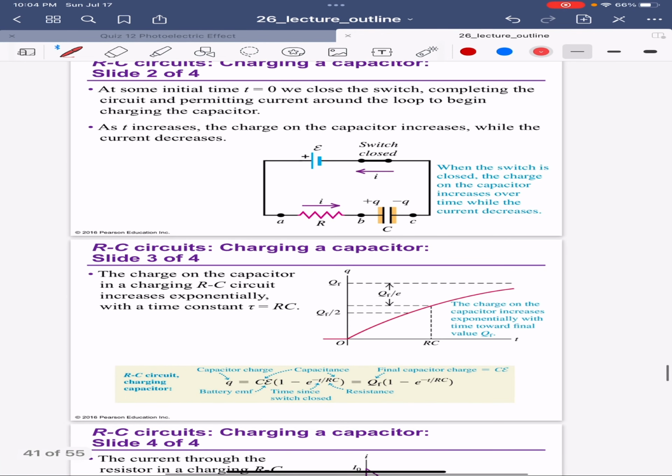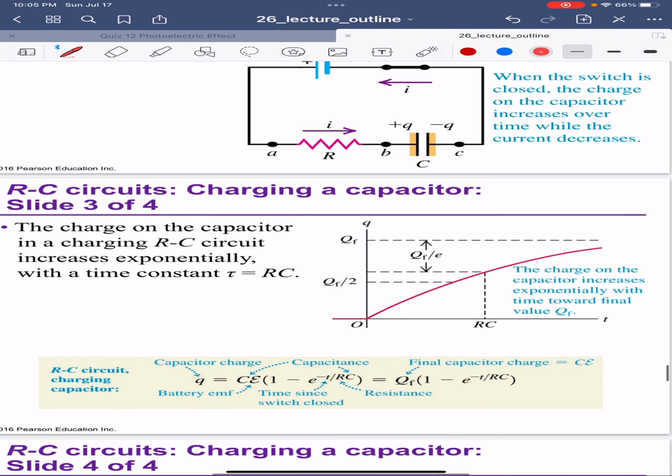The charge on the capacitor increases exponentially with a time constant equal to RC. Now we can say Q is C, the capacitance, times the EMF, times 1 minus e to the minus t over RC, which is Q final times 1 minus e to the minus t over RC.